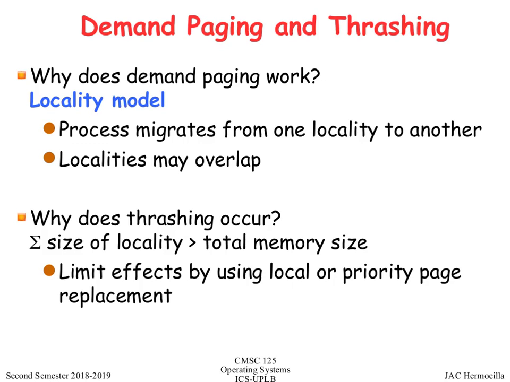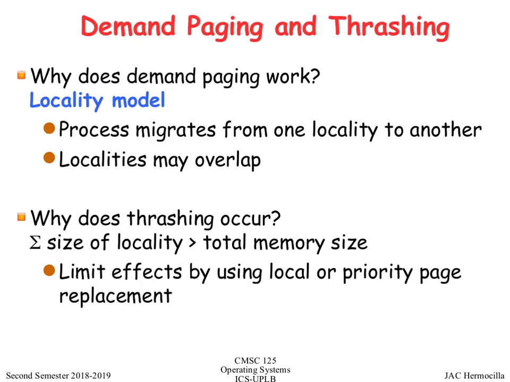When you say locality, halimbawa, ito isang page, usually ang size ng isang page ay 4 KB. So, yung isang process, pag nag-execute siya ng instruction, yung idea ng locality is yung mga ina-access niya na memory, usually confined lang doon sa page na yon.